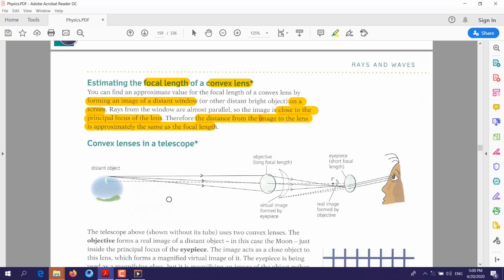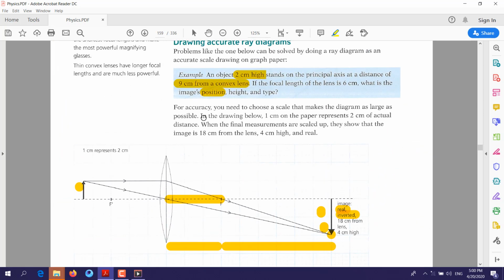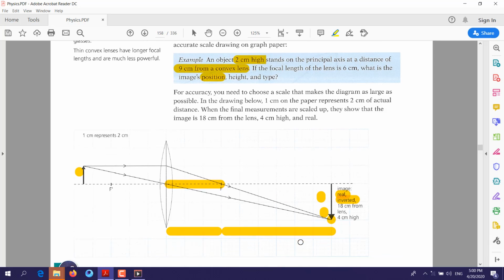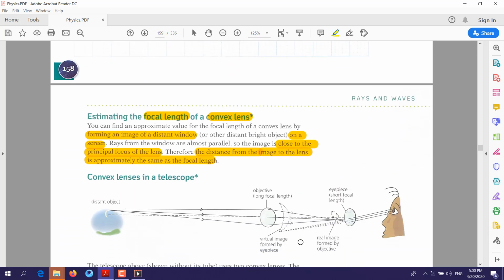Estimating the focal length of a convex lens. Again, here we are talking about what kind of lens? We are talking about a convex lens. Then, focal length. What do you mean by focal length? Focal length means the distance from the principal focus to the center of the lens.